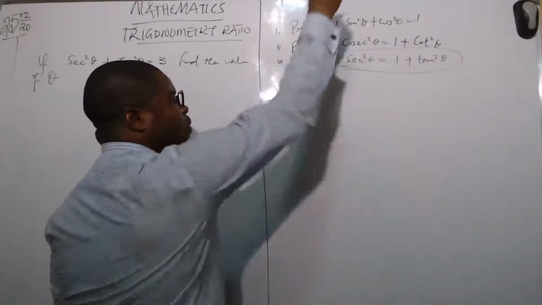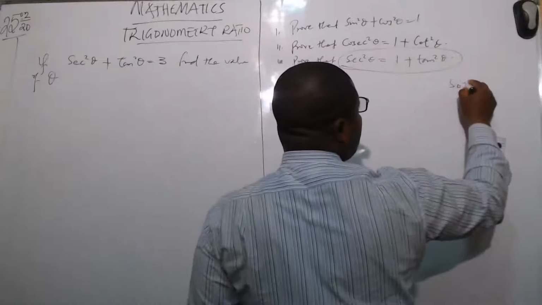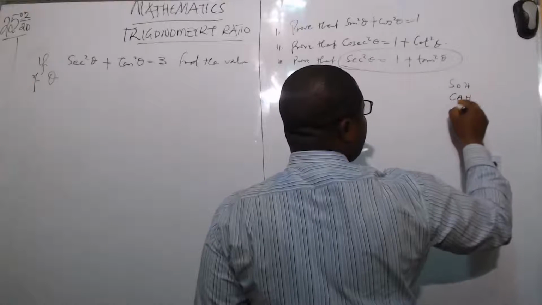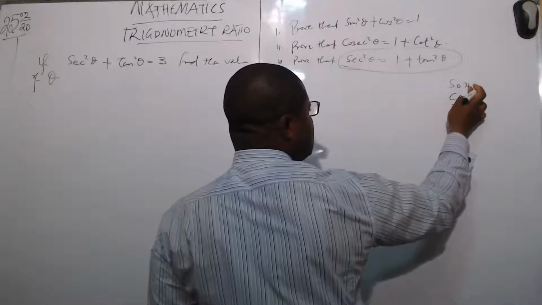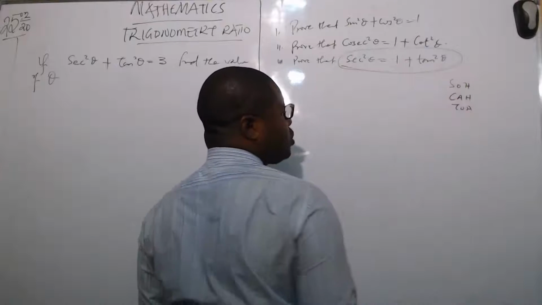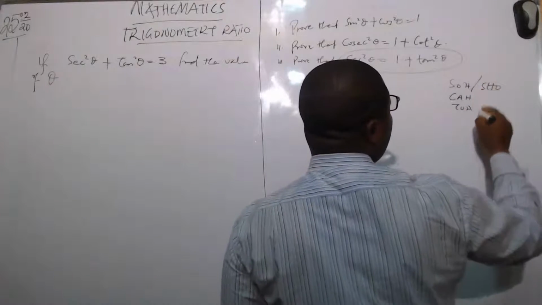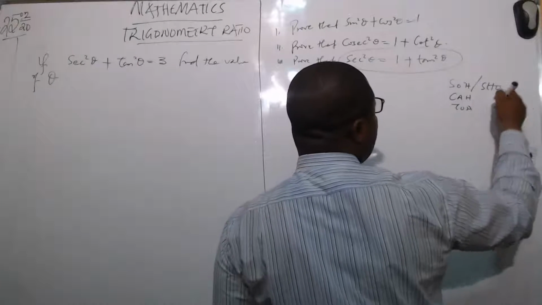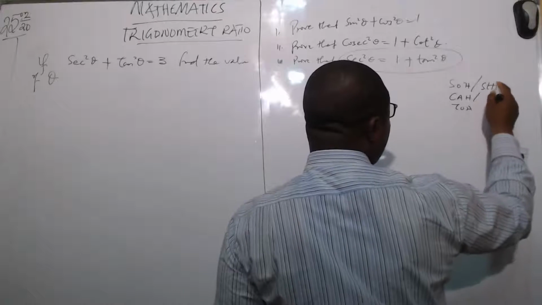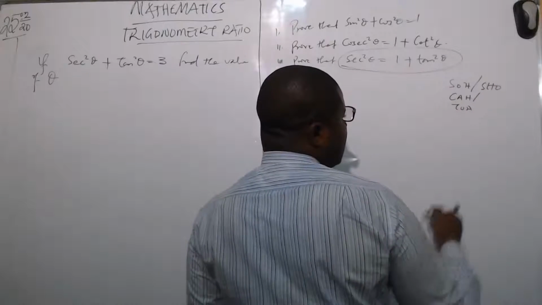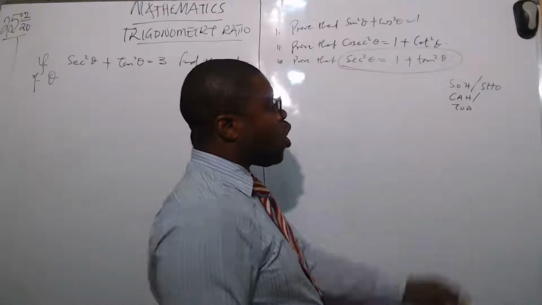Okay, now follow me. For us to solve this, we remember that opposite over hypotenuse gives us sine. Then the inverse of it becomes cosec, that is hypotenuse over opposite. Adjacent over hypotenuse is equal to cos.